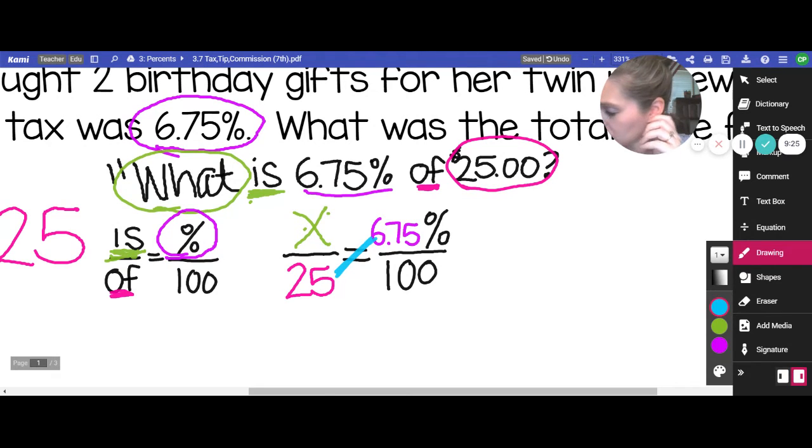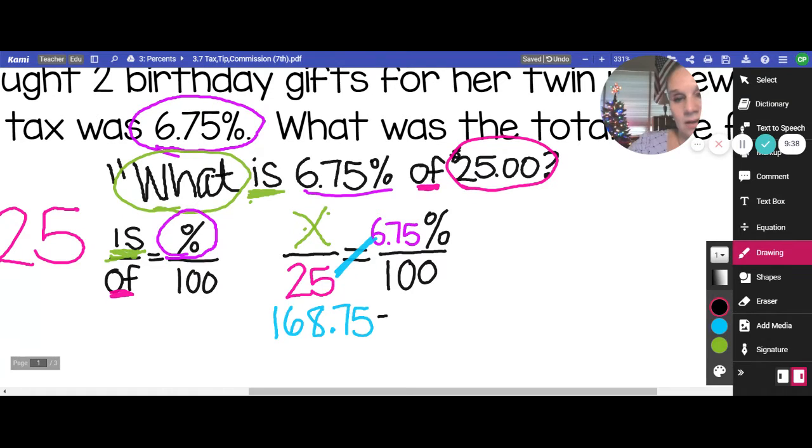And I get 168.75. That is equal to my other cross, which is 100 times x, so 100x.